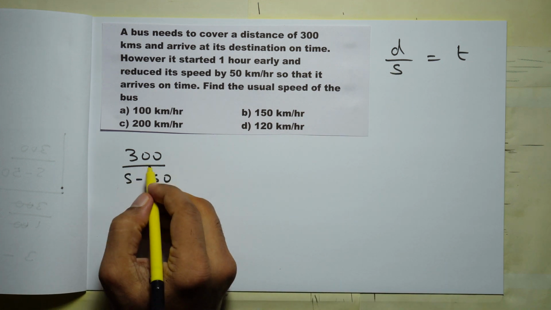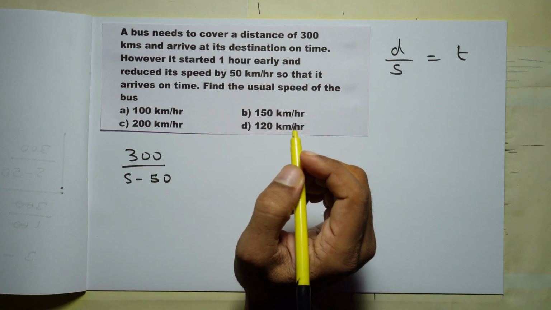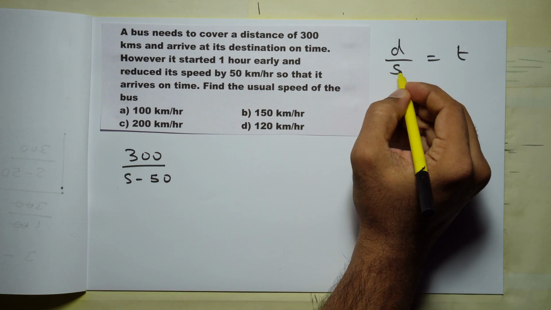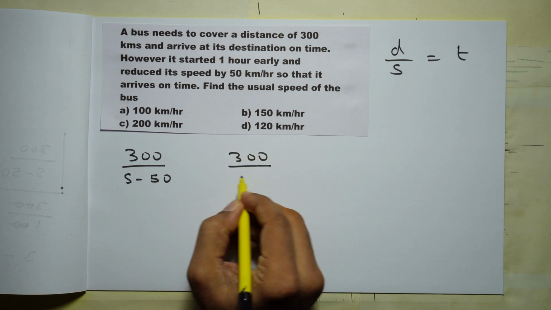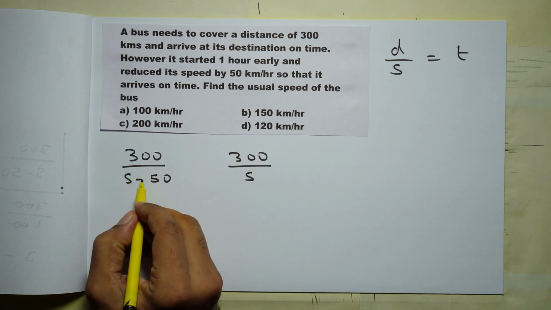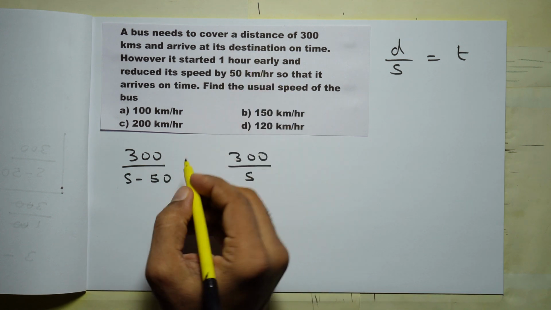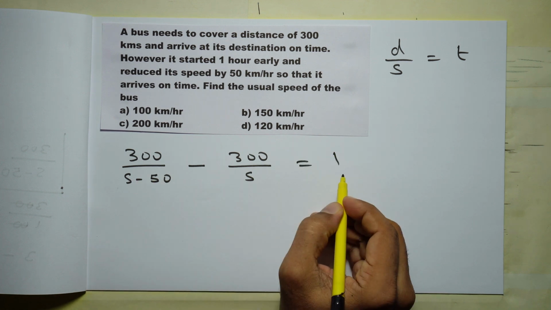So 300 by s minus 50 is the time required when you have reduced your speed by 50 kilometers per hour. Next we'll find out the time when you're traveling at the regular speed s. That is distance 300 by regular speed s. And when you're traveling at a speed reduced by 50 kilometers per hour, you will take an extra 1 hour. So this difference is equal to 1 hour.